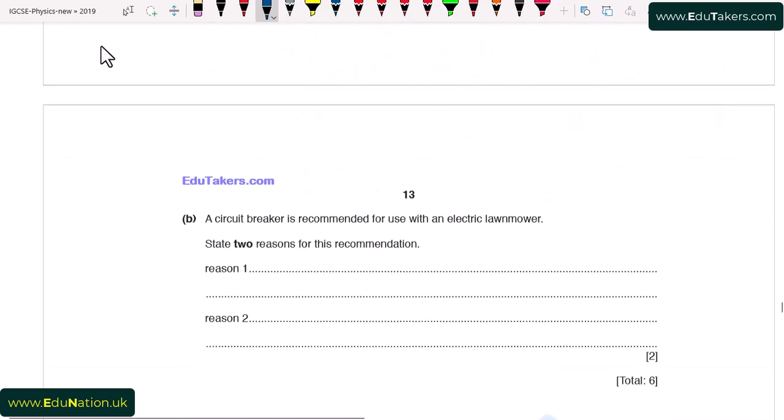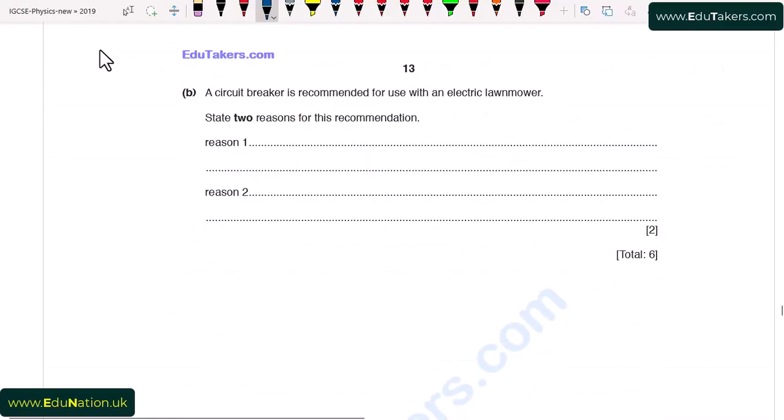Next part B. A circuit breaker is recommended for use with an electric lawn mower. State two reasons for this recommendation. So why do we use a circuit breaker? Because it protects against electric shock, and it also protects against overheating and its quick response.